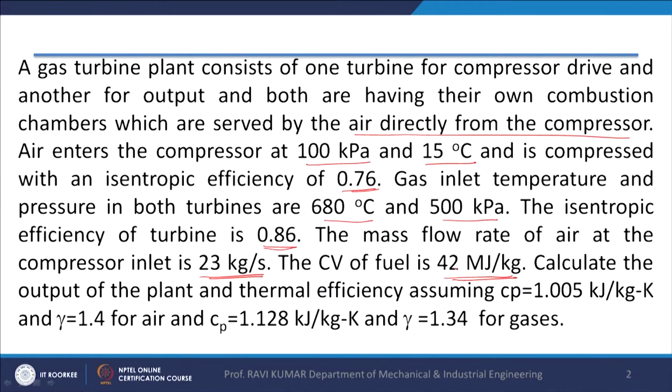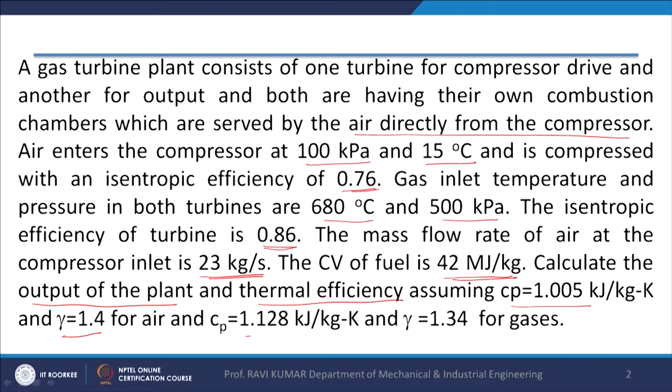Calorific value of fuel is 42 megajoules per kg or 42,000 kilojoules per kg. Calculate the output of the plant and thermal efficiency. We have to calculate two things, output of the plant and thermal efficiency, assuming specific heat of the air. This is specific heat of the air, specific heat ratio for air.